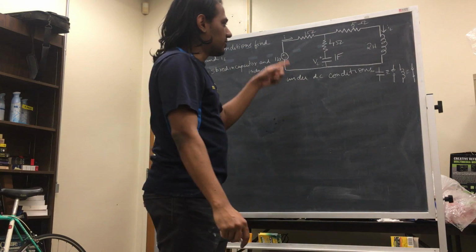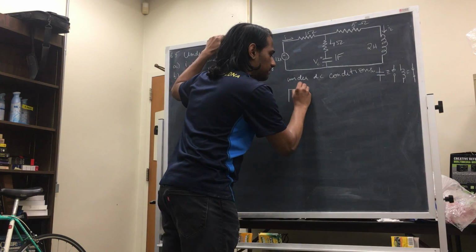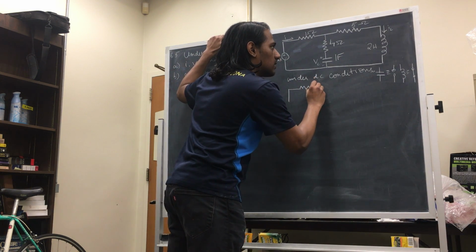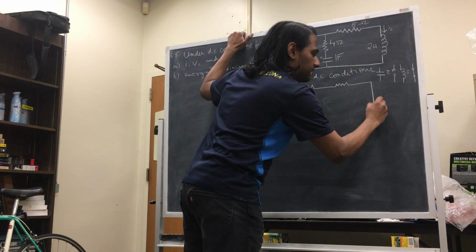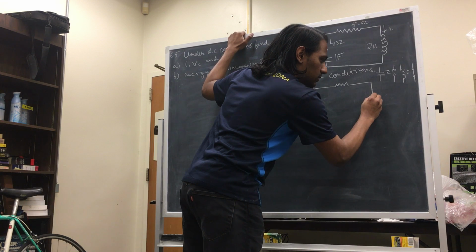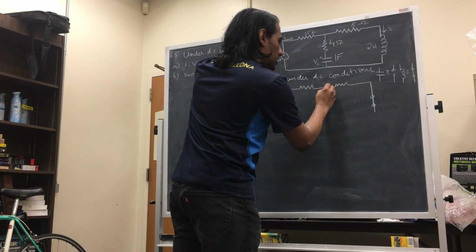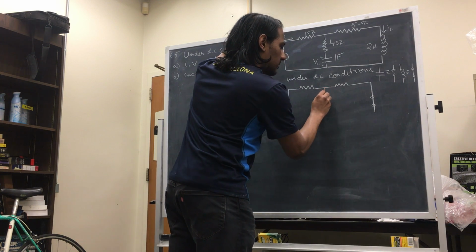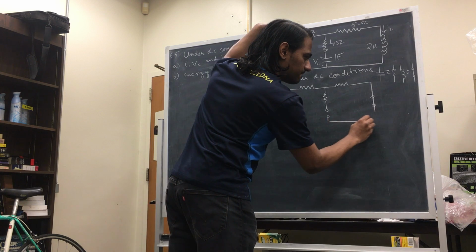So you can rewrite this circuit as follows. The passive components remain the same. There's a short circuit where the inductor is, and there's an open circuit where the capacitor is.